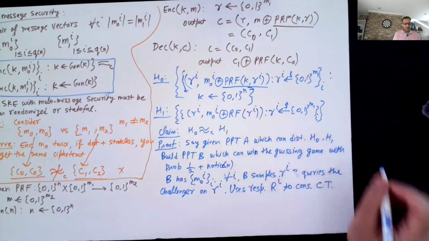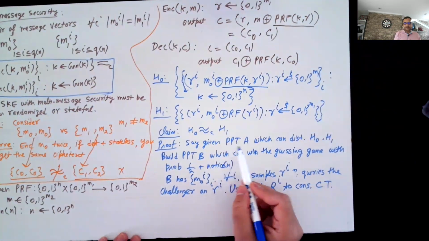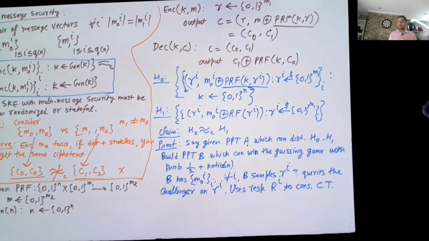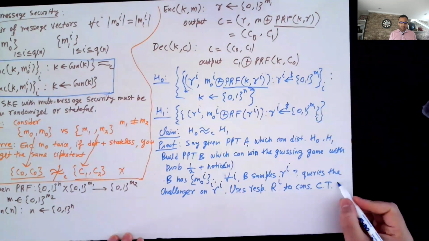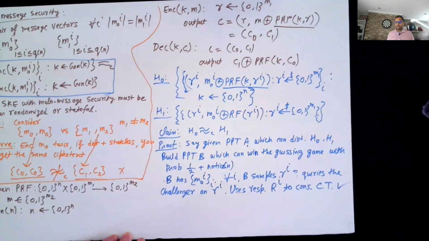So now if the PPT adversary A can tell apart these two ciphertext distributions, then B can tell apart if it was a PRF or it was a RF. And B wins the guessing game with probability better than half. Okay, so this claim holds.